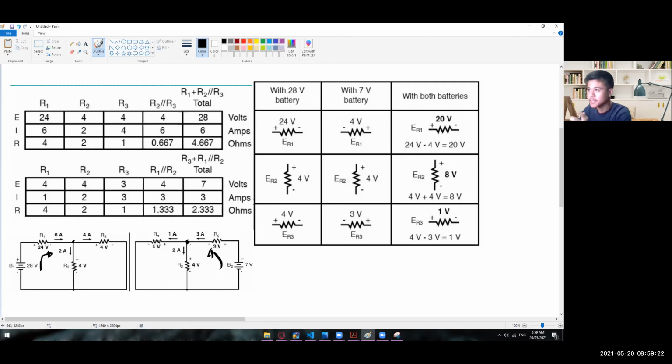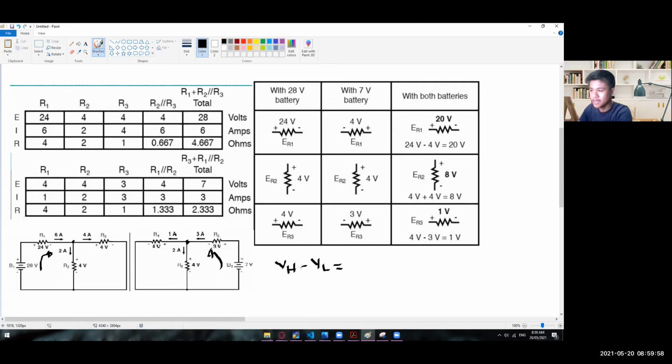So if you compare it right here, we have positive 24 volts, and then minus 4 volts. So how did we know that it's 24 minus 4, and not 4 minus 24? One rule of thumb when it comes to voltages is that it's always the higher voltage minus the lower voltage, assuming that both of them have a positive polarity. Okay, so it's always like that.